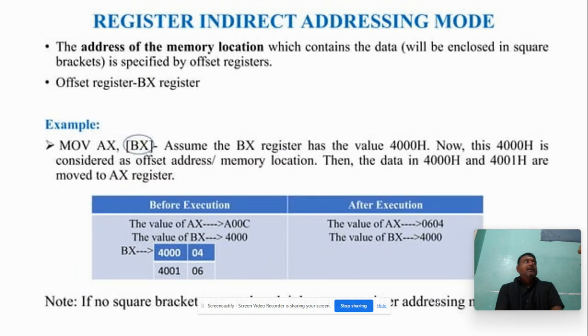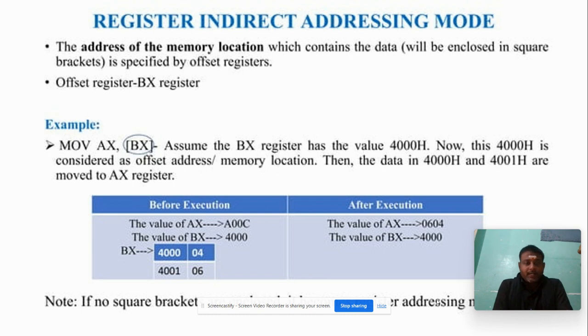Next one, register indirect addressing. In this addressing mode, the address of the memory location which contains the data is specified by the offset register. This is called register indirect addressing.